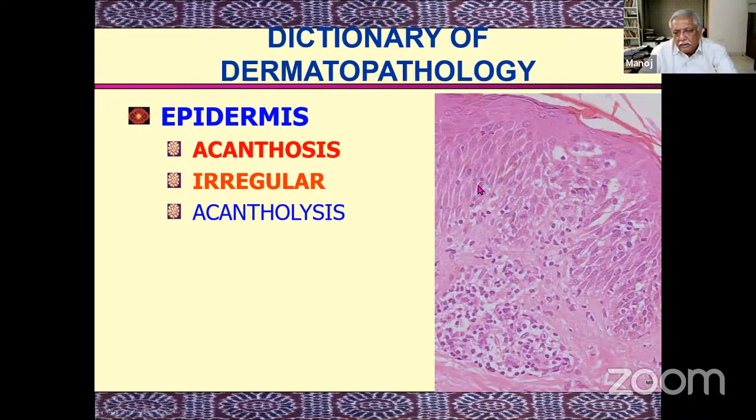Here again, we have inflammatory cells in the upper dermis going into the epidermis, causing spongiosis here. Again, indication towards a particular group of diseases.